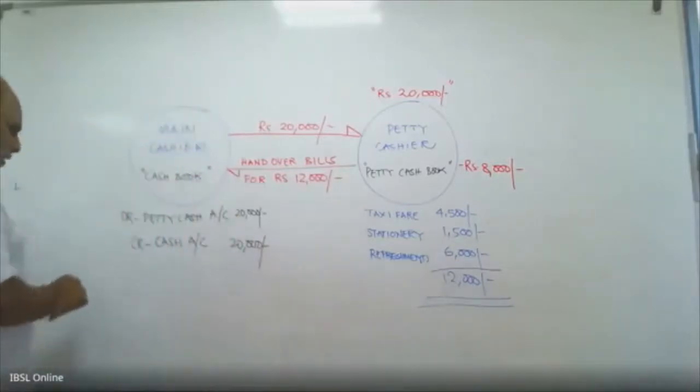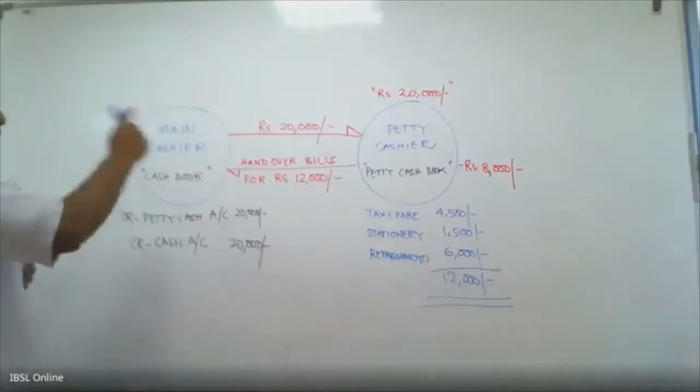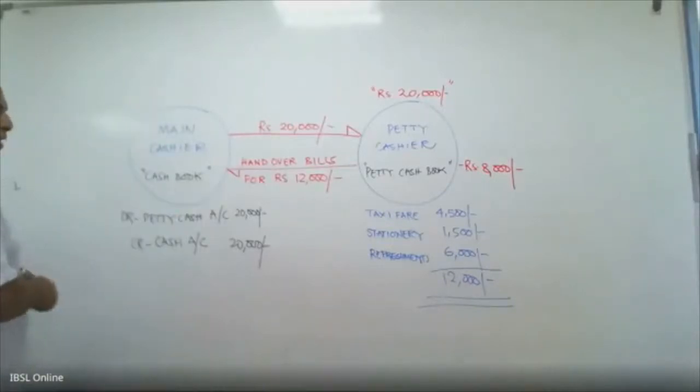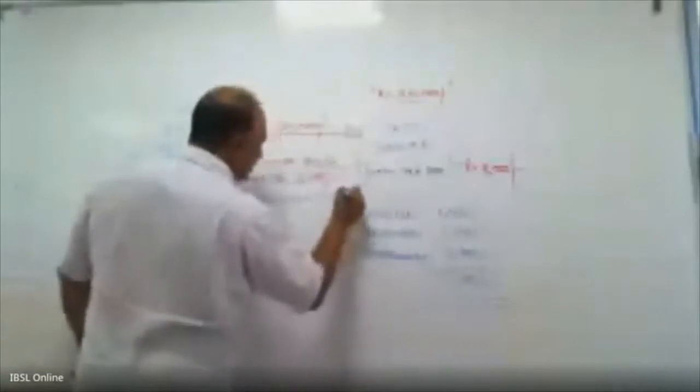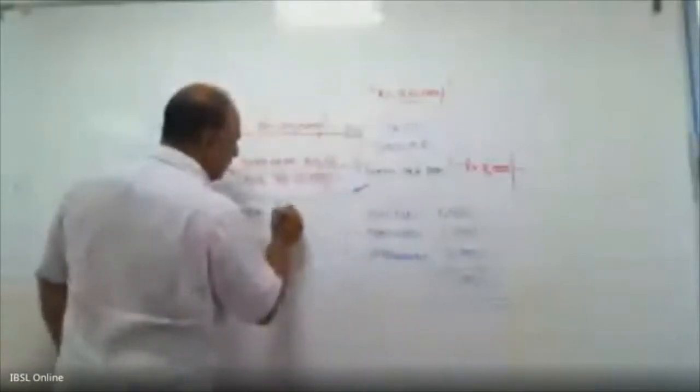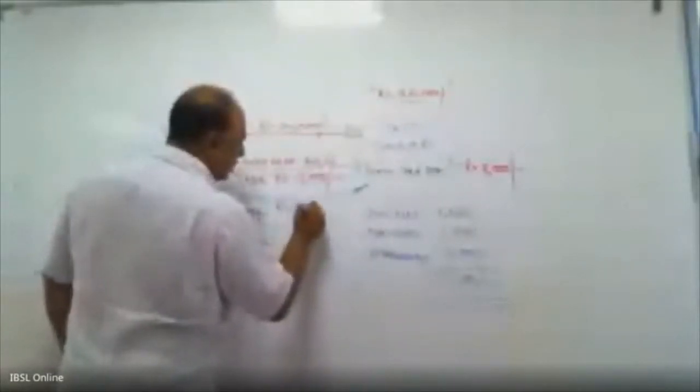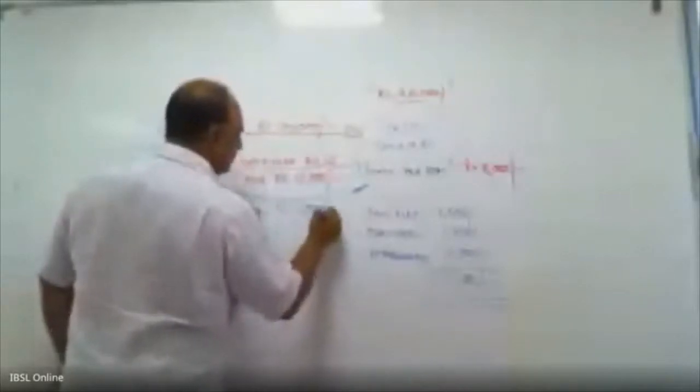Once it is in order, at the beginning of the next month or maybe at the last working day of the current month, he will again give him rupees 12,000.